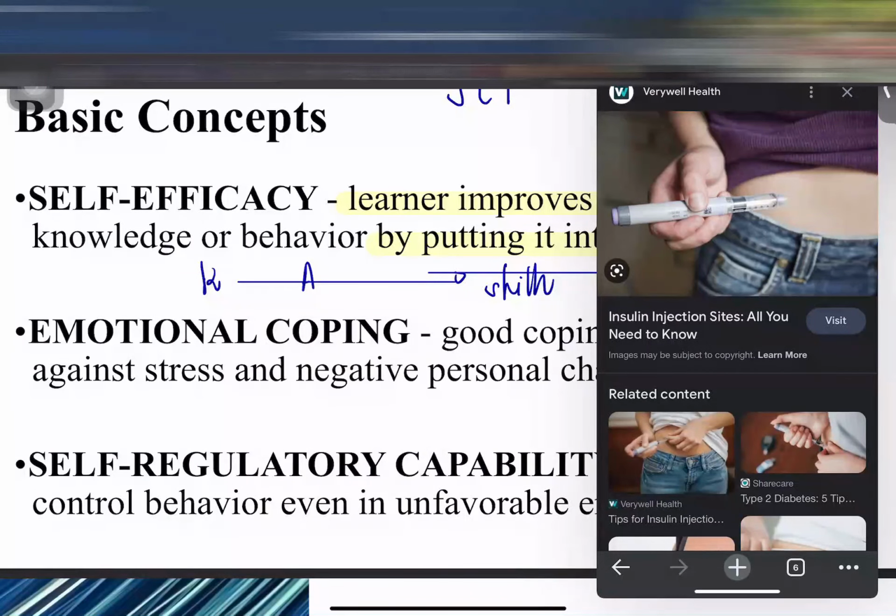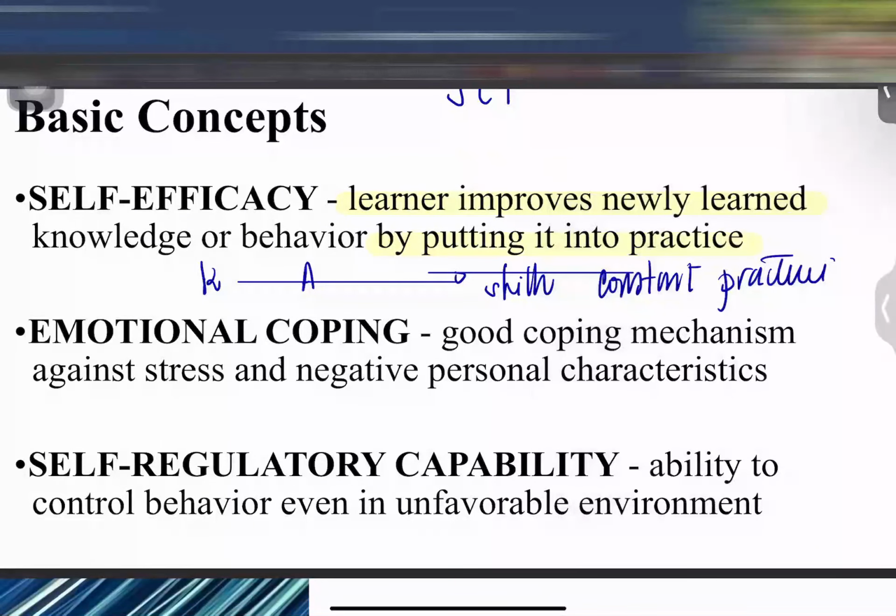And when we talk about insulin, we usually educate our patients to do self-injection. So what would you do? You educate your patient first. You tell your patient, this is your insulin. This is how to mix your insulin. So you narrate the purpose, and then the procedure that will be involved in your insulin.